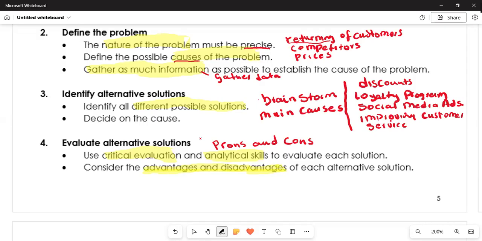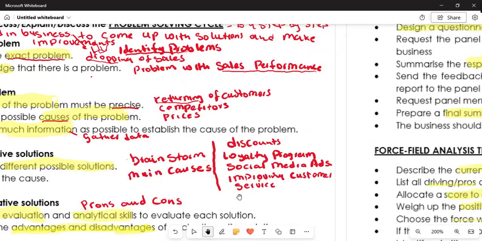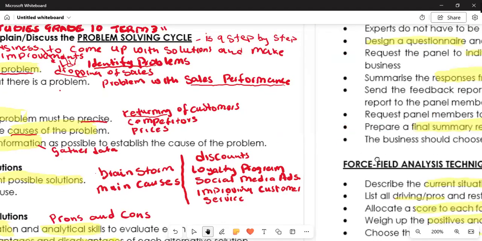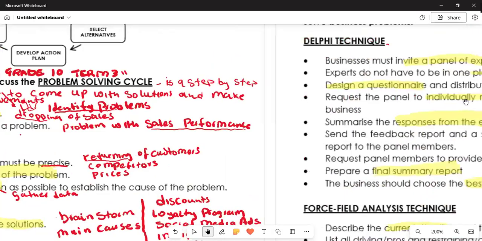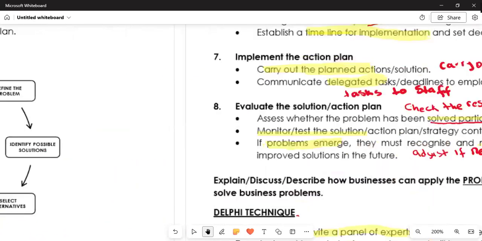See, we are trying to consider the advantages and disadvantages of our alternative solutions. Now we are to move to step 5 so that this will be more clear. So let's make sure that we are still paying more attention to the presentation.